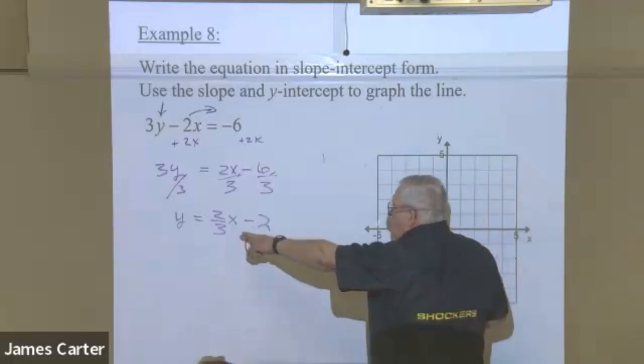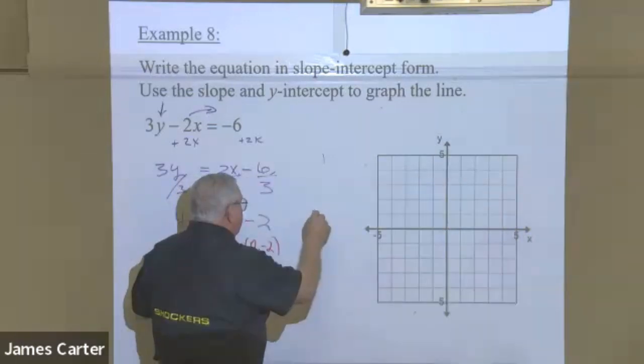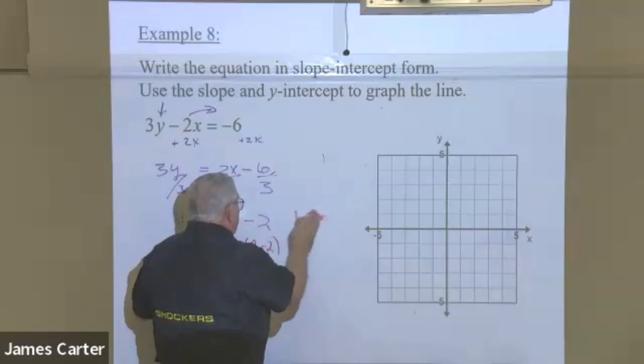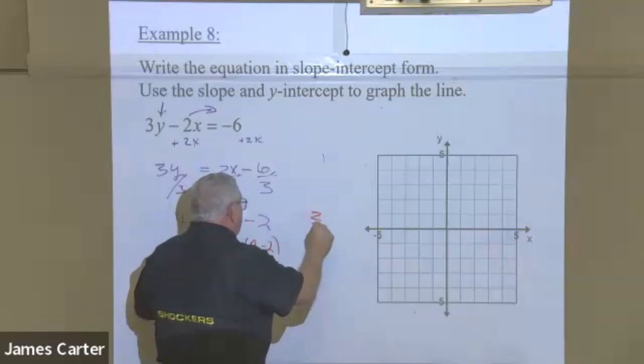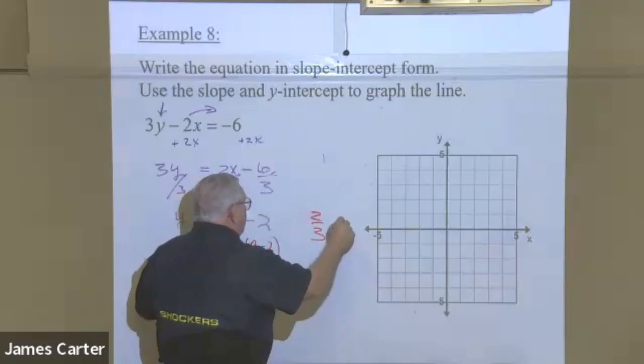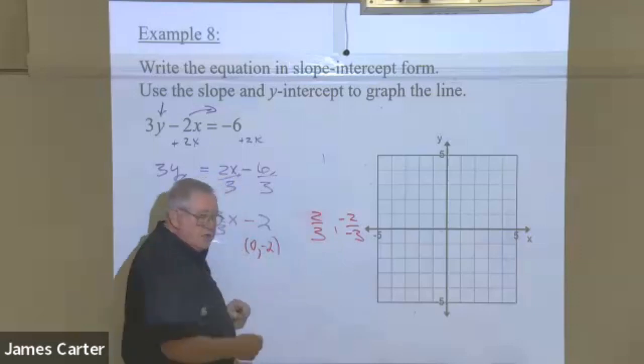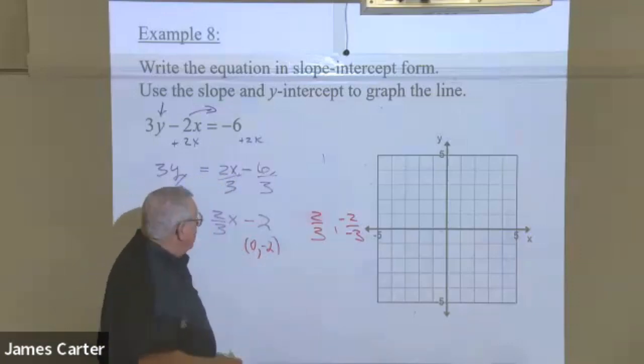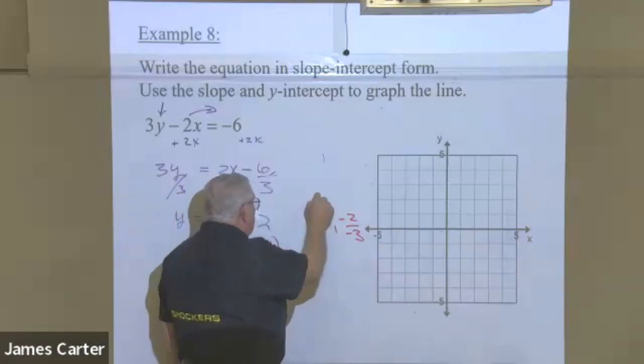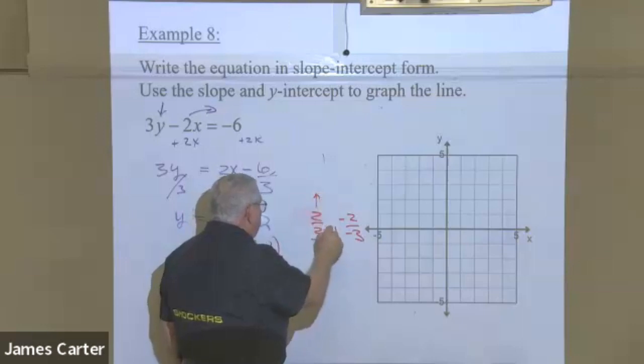Here is my slope. Obviously, I'm making mistakes tonight. I almost started to do it again. 2 over 3 or -2 over -3 are my choices for slope. This, of course, goes up, right.